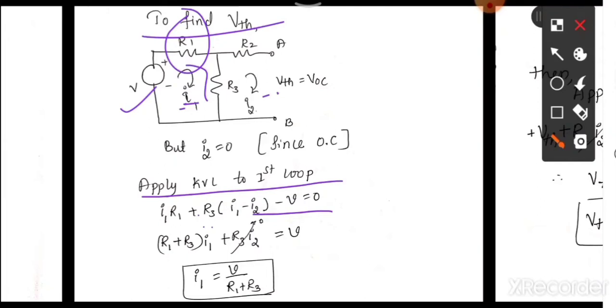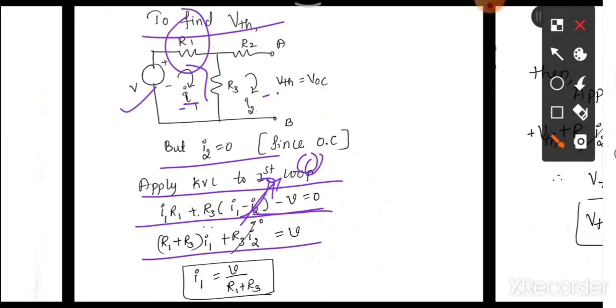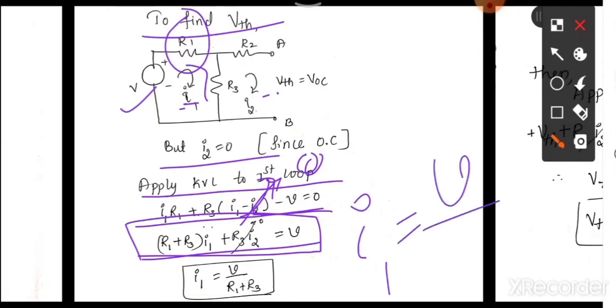Now, I2 is 0, as we have already seen, because the second loop is an open circuit. You can expand it and substitute the value. Once we simplify this, we get I1 equal to V divided by R1 plus R3.